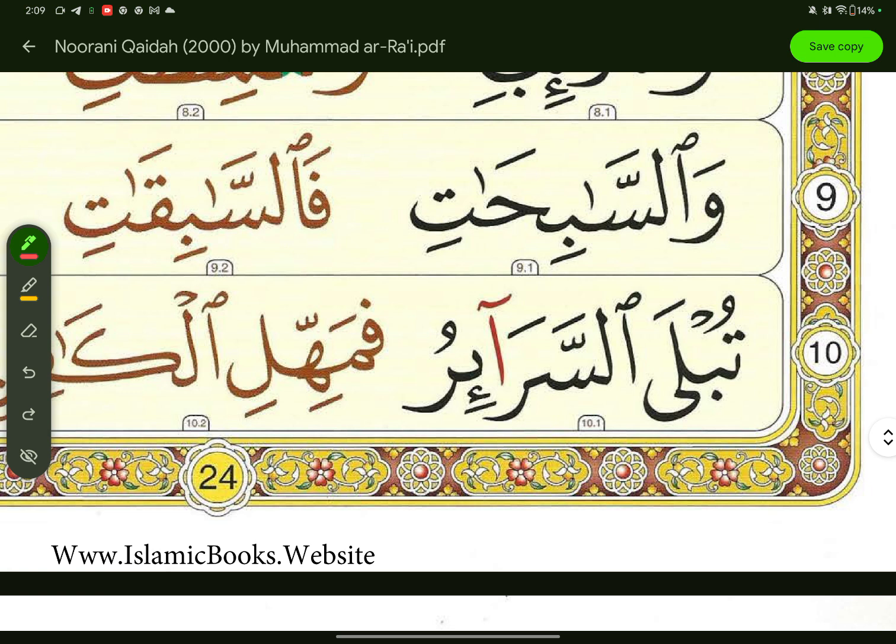So now if we intend it, it would change the word into another word, right? Like for example, the same example I was using, when I put an alif there, it changed the word from the action to the person that does the action. In this case, if I was to say tubalasarairu, I actually don't know what that word would be. I've never even come across that word.